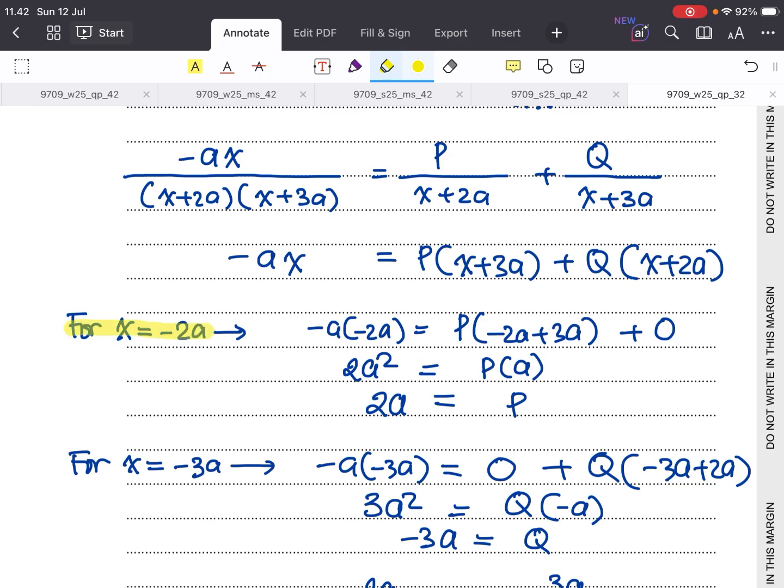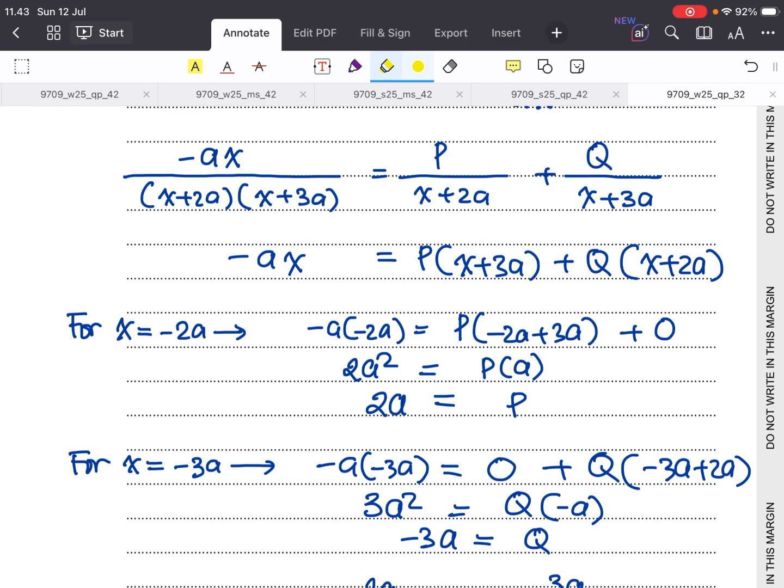We take the value of x as negative 2a, because when we substitute it, this one will be 0. So we have only p. So negative a times negative 2a is equal to p times negative 2a plus 3a. This one is 0. And then 2a squared is equal to p times a. So p is 2a. So p is in terms of a.